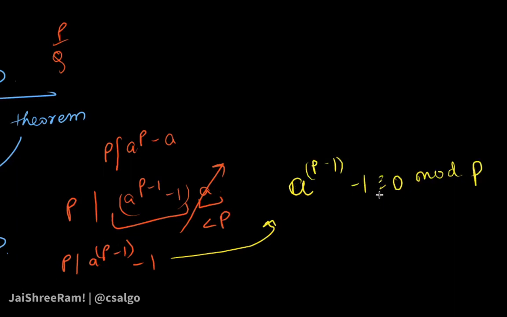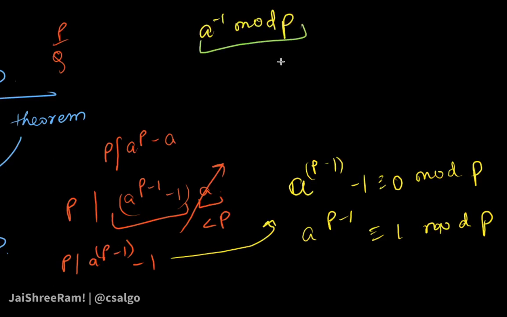Remember the alternate expressions that we have in the modulo domain. Also, since this is congruent to 0, we can add 1 on both sides, because the remainders shift equally when you add some constant, right? So this is congruent to 1 mod P. Now we want to find A inverse mod P, right?